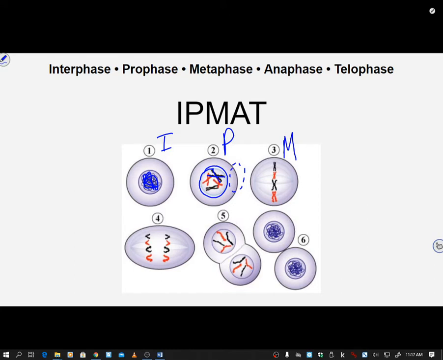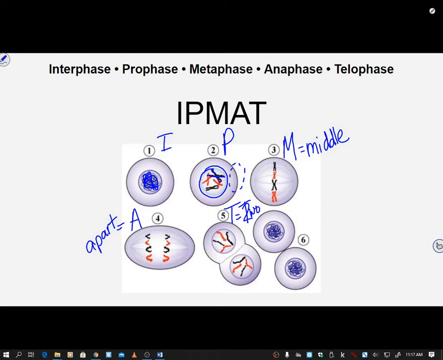But meta, middle, that's what I think of. And then you go from metaphase, you're going to jump over here to 4 to anaphase. I think of apart or away. And they're breaking apart. Number 5 is telophase, and I think of 2, T-W-O, right? You're breaking into 2.